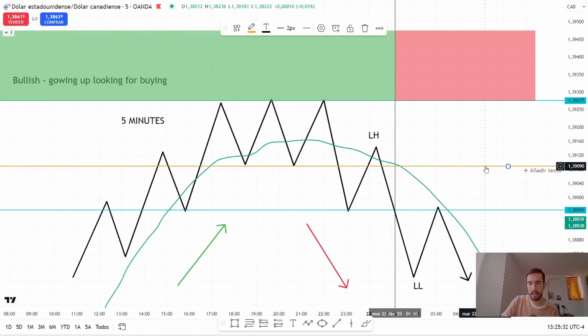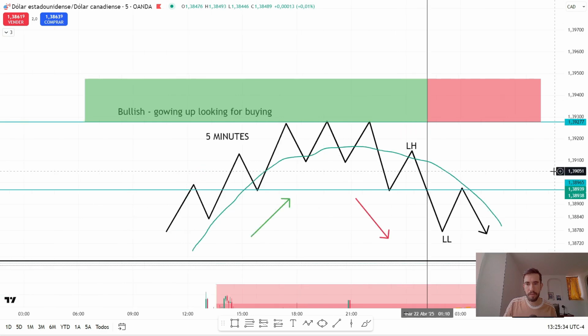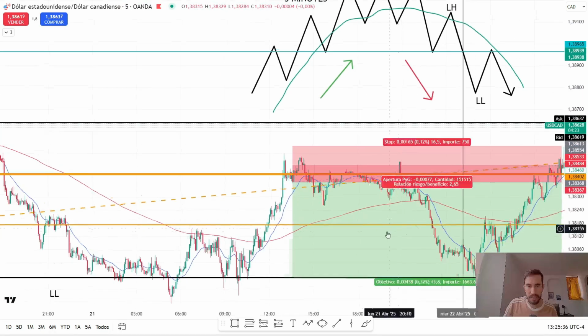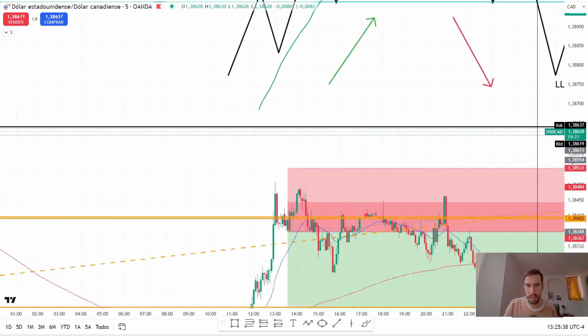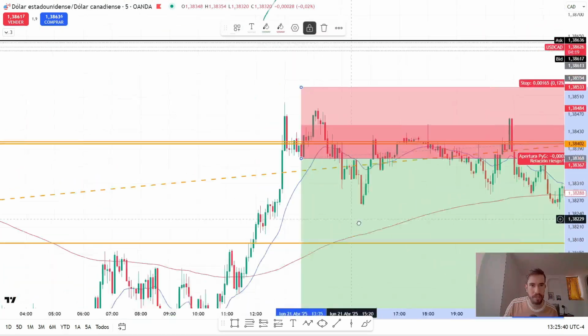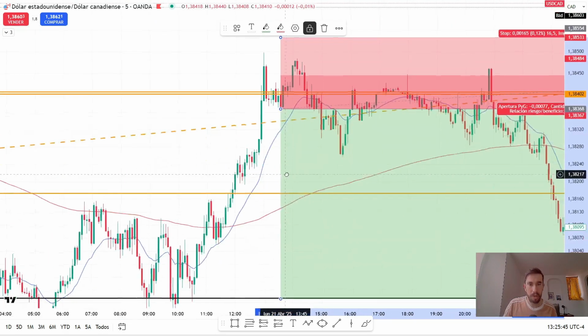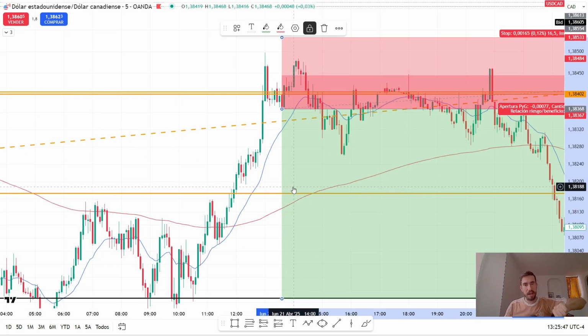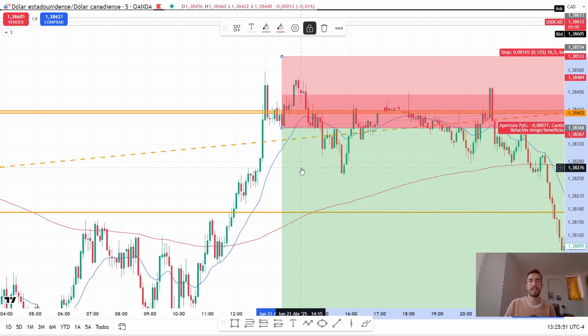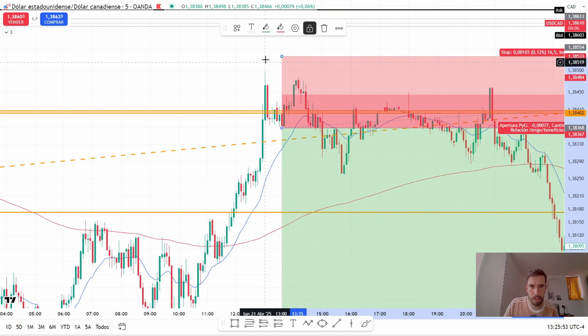Okay, remember that. What I drew here is exactly what we are looking at here: the price reaching the zone. Remember, this yellow line is the zone. So even though the market is going down, in the 5 minutes it's going up, because it's making a retracement to the zone.